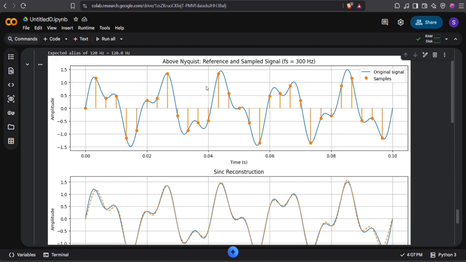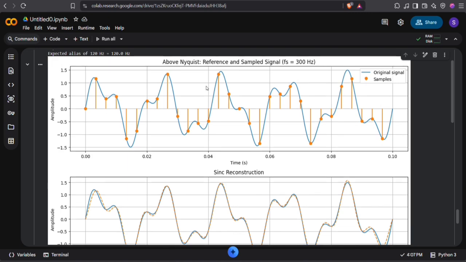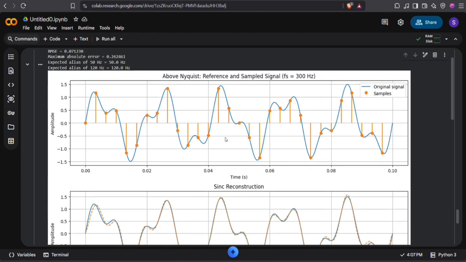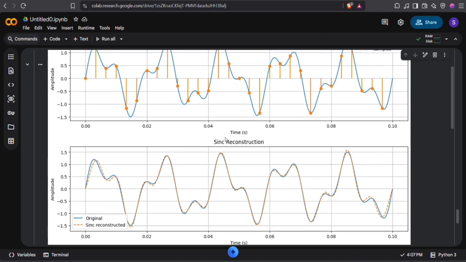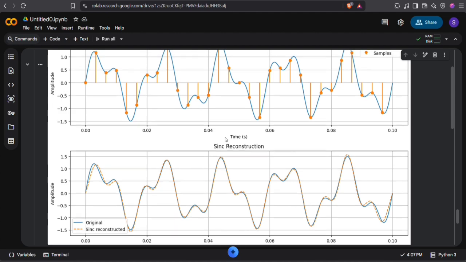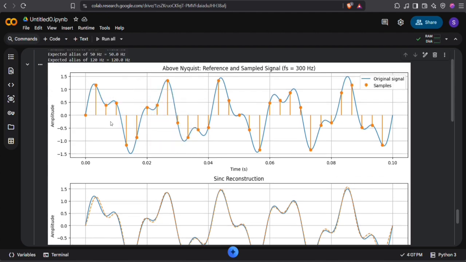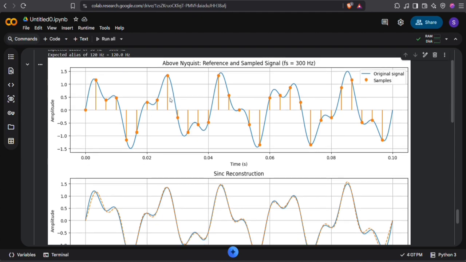Since my Nyquist rate is 240 hertz, 300 hertz is above the required rate. Here we can see the original reference waveform and the actual sample points. The samples are sufficiently dense.